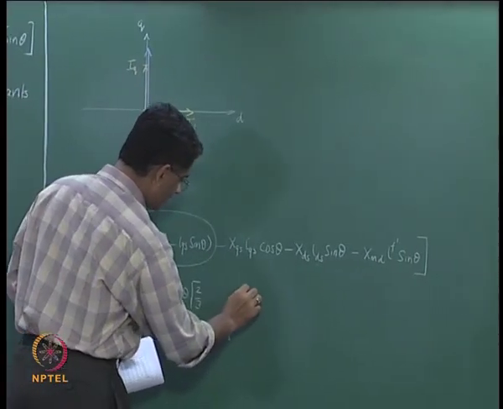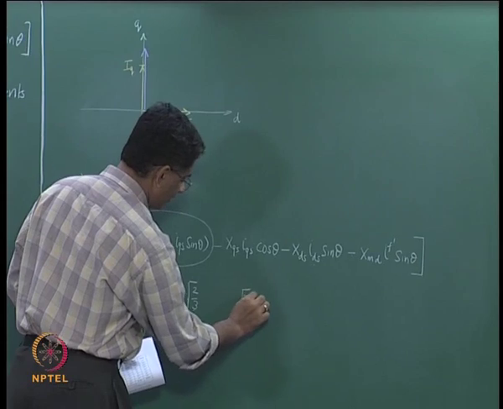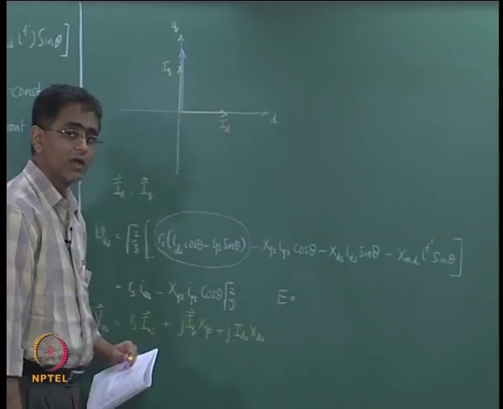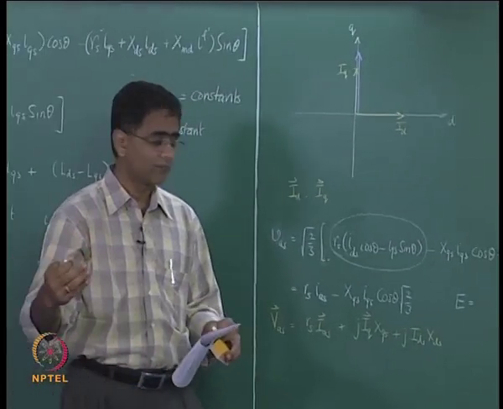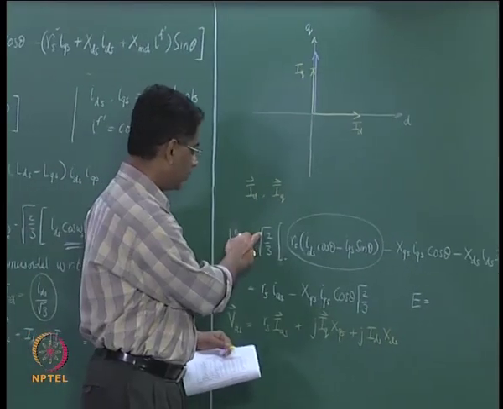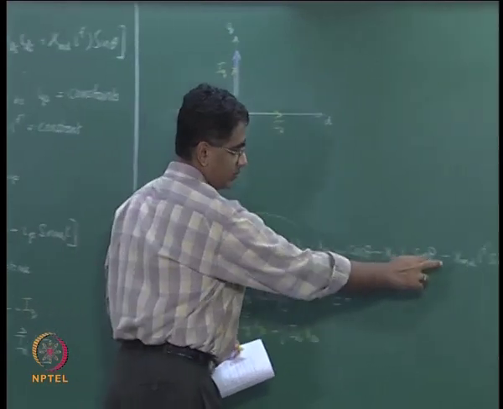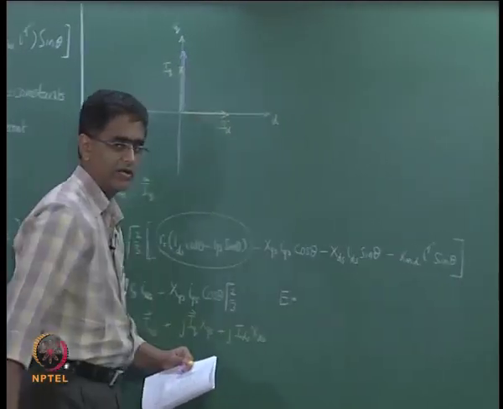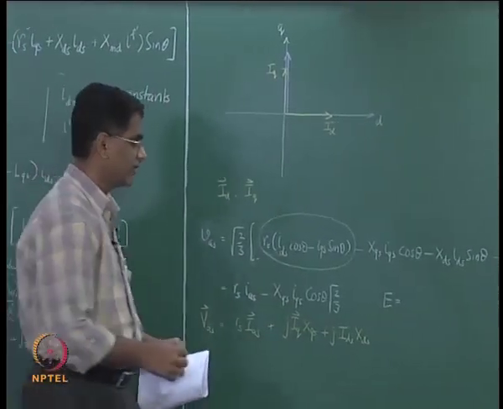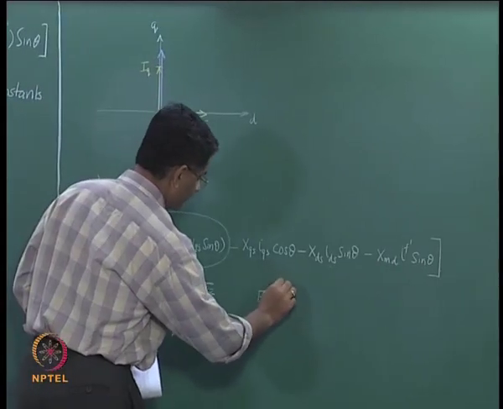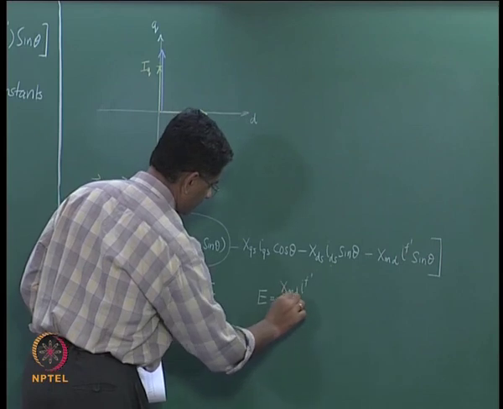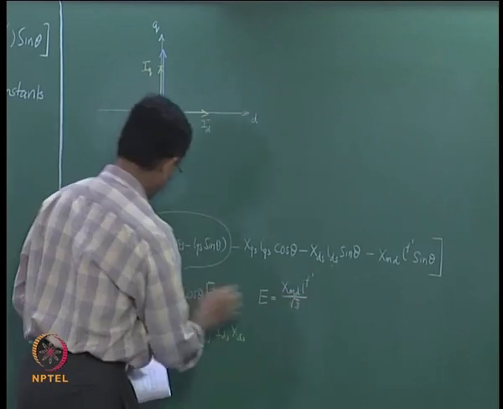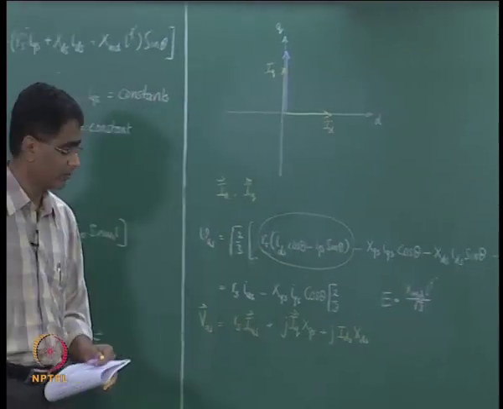If we represent an induced EMF E which is sinusoidally varying with respect to time, given by the amplitude root of 2 by 3 multiplied by xmd into if dash, the RMS value of that would then be given by xmd multiplied by if dash by root 3, since for RMS value you have to divide by root 2.